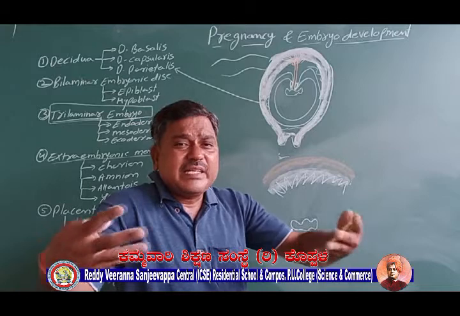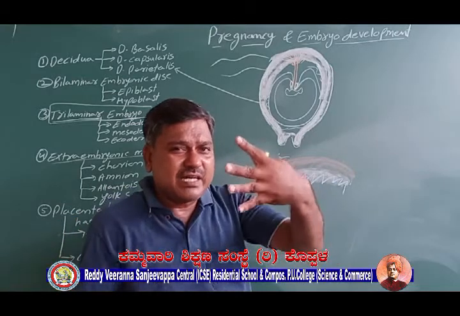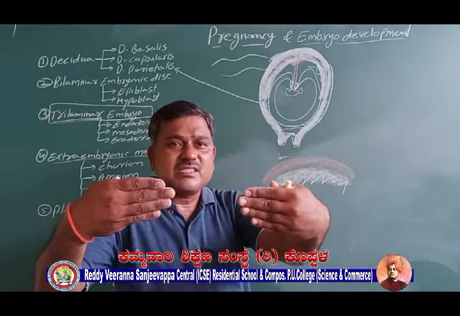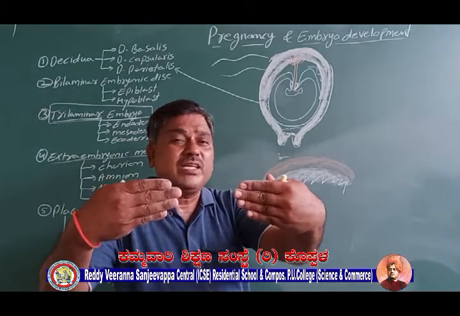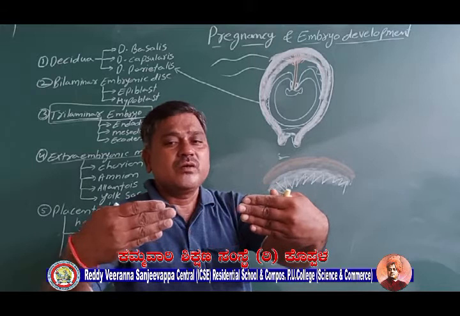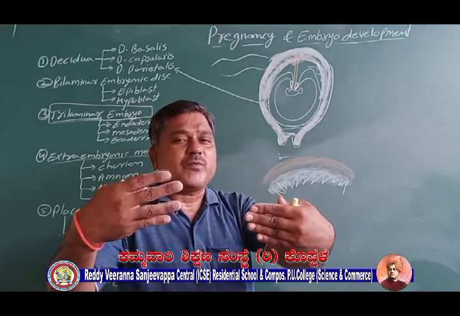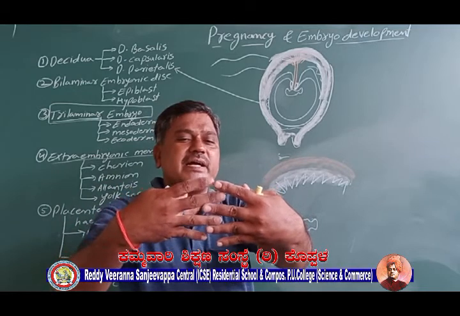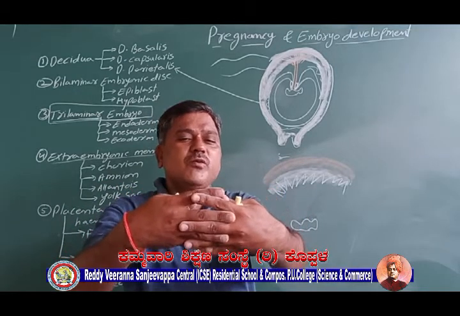This is the endometrium of the mother, and these are the trophoblast cells of the growing embryo. As it develops finger-like projections, these get embedded into the mother's endometrium.